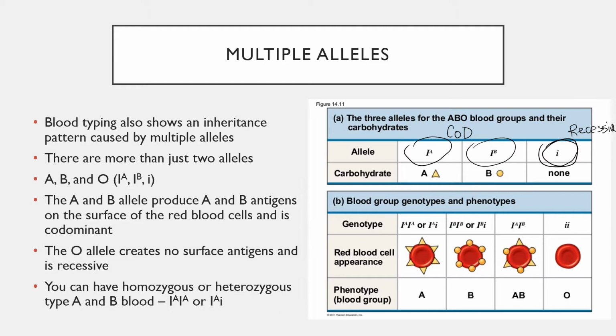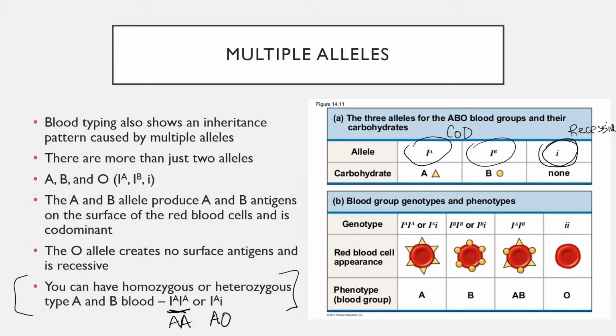You're going to have the possibility of a homozygous or a heterozygous person when you're looking at type A and type B bloods. So if we look at the example down here, I can have a homozygous individual that has 2 alleles for the A particular type of blood, or that person can be heterozygous.